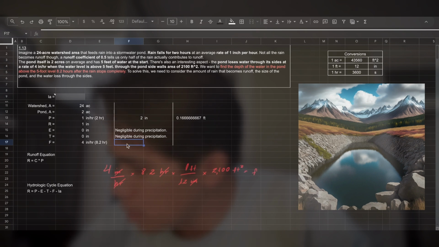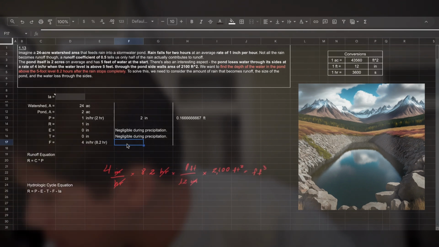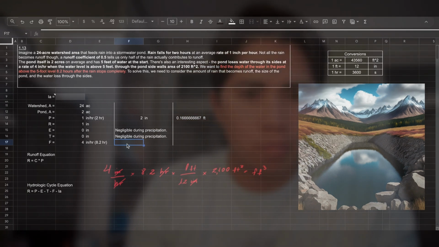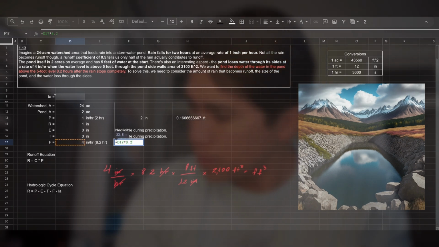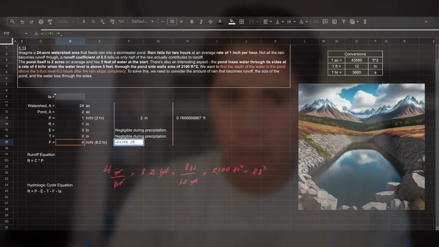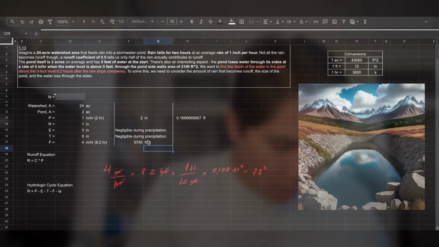And that's going to give us the volume of infiltration in cubic feet. So this is going to be equal to 4 times 8.2 times 2,100 divided by 12. And that should be the cubic feet of infiltration. Let me double check with my notes. 5,740. Yep.